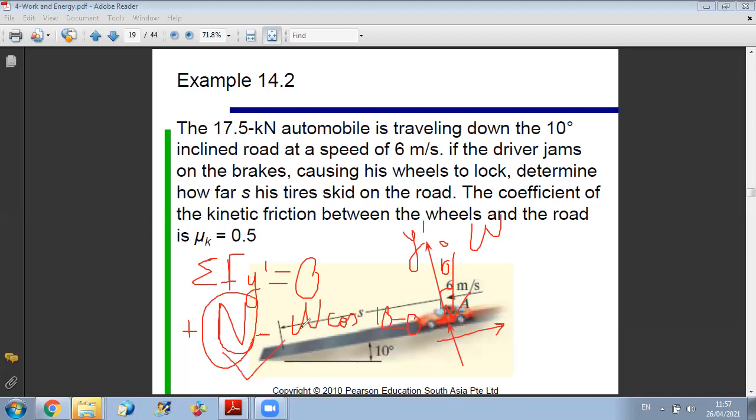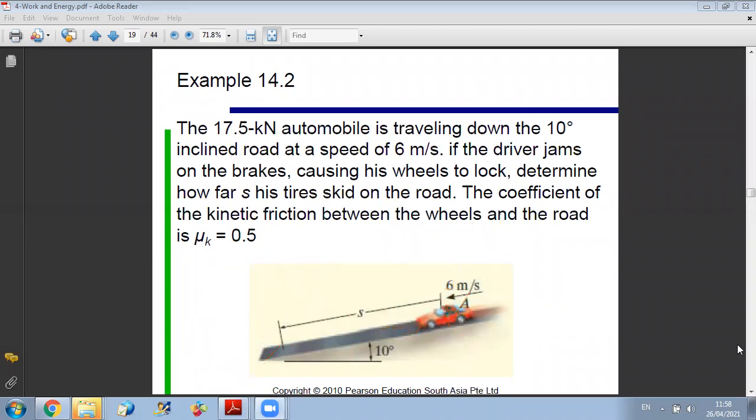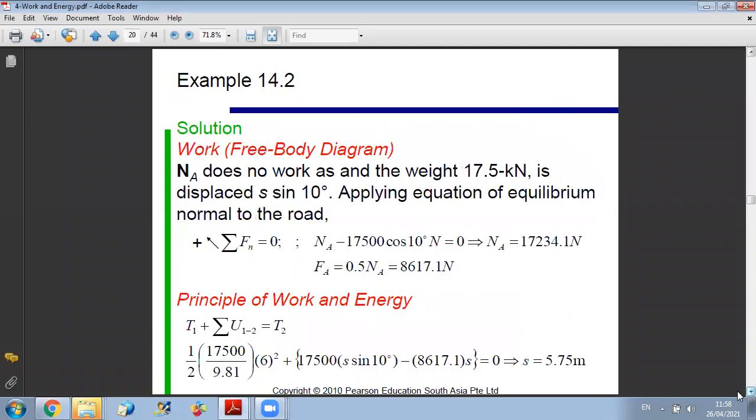And once you get N from the sum of forces along y prime equals 0, you can find f, because f is mu k times N. Okay, and now you are ready to apply your work and energy theorem, where the only unknown will be the displacement distance. So if I replace in the work and energy, I have T1, which is the initial kinetic energy, which is half m v square.